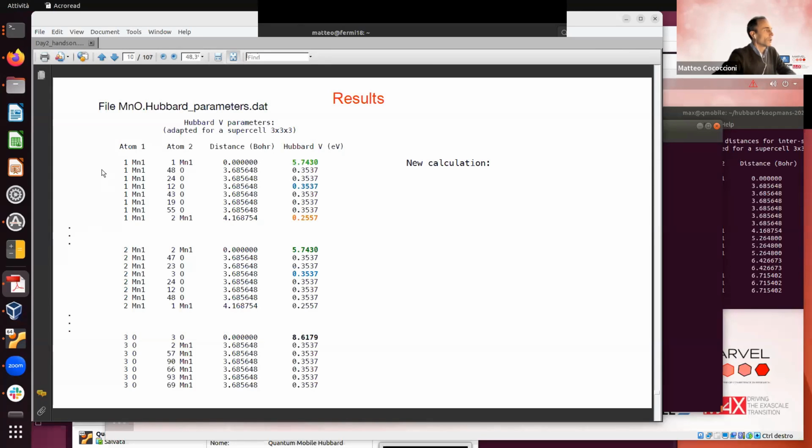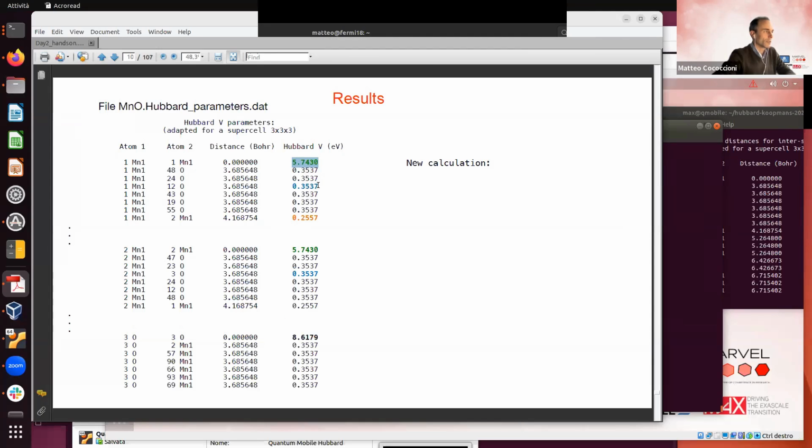And so from the file MnO Hubbard parameters, you get something like this now. So you get, again, couples of atoms, the distance here, and the corresponding values for V, or U if it's on-site, in the last column.